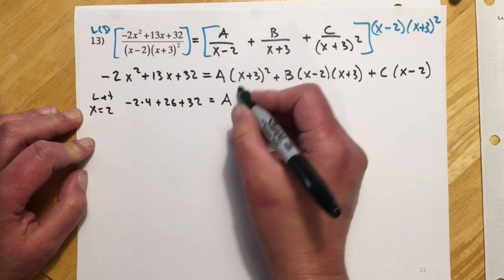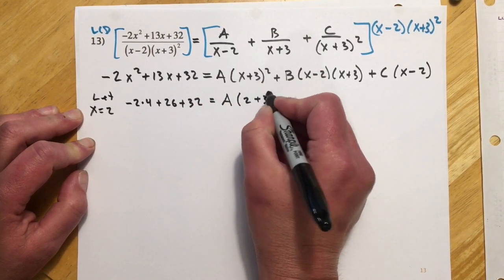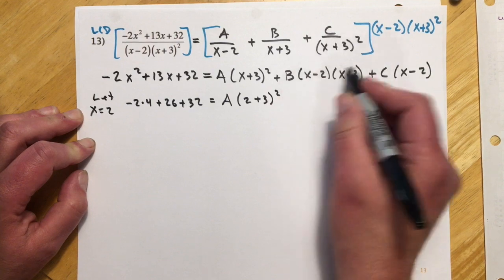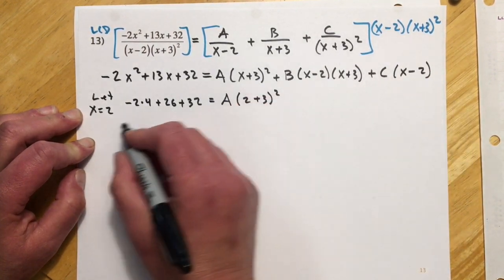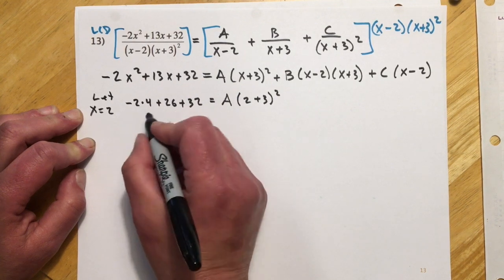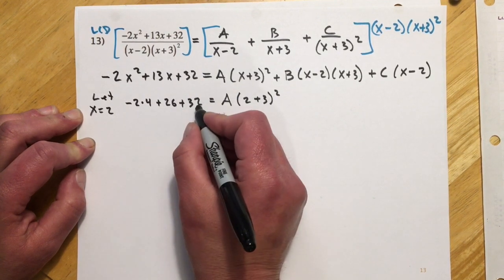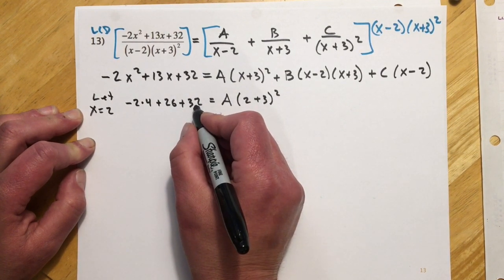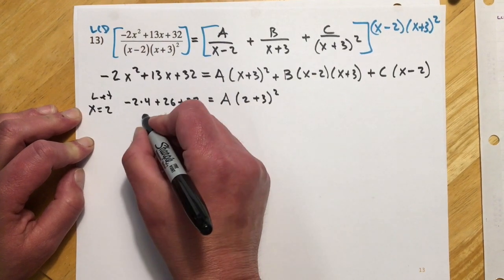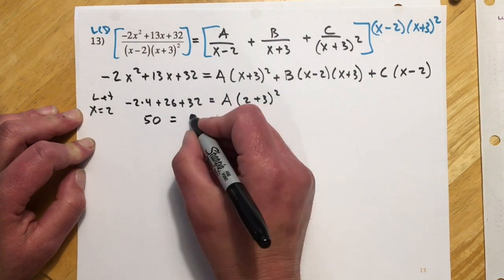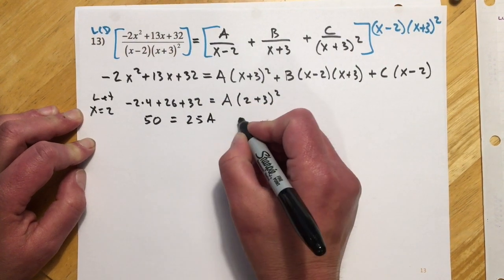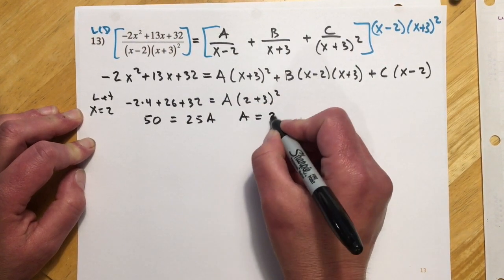And then a, this would be (2 + 3) squared. Both of those other terms drop out because 2 − 2 makes a 0 here and here. So that is −8 plus 26 plus 32, which comes out to 50 equals, this is 5 squared, so that's 25a. So that gives us a equals 2.